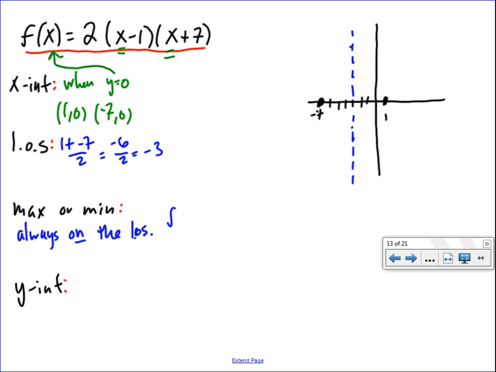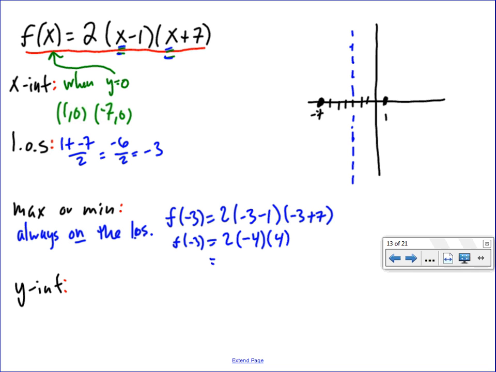So really what I'm finding then, I'm going to plug in my line of symmetry, f of negative 3. That's going to be 2 times negative 3 minus 1. There's an x. I've got to plug in negative 3. There's another x. I've got to plug in negative 3 plus 7. Now computation. So f of negative 3, 2. A negative 3 minus a 1 is a negative 4. A negative 3 plus a 7 is a positive 4.